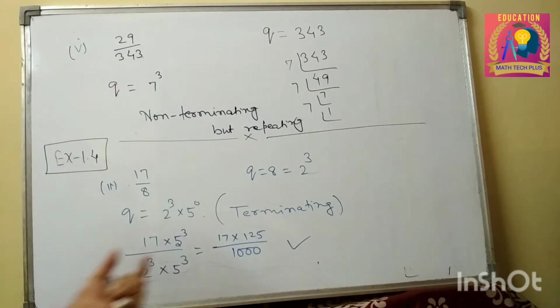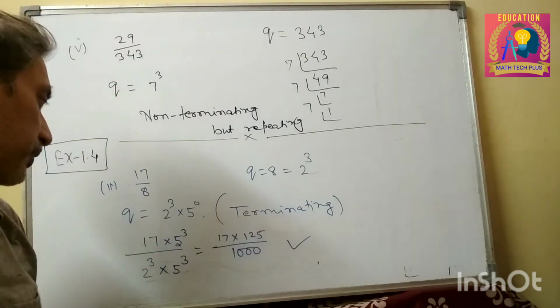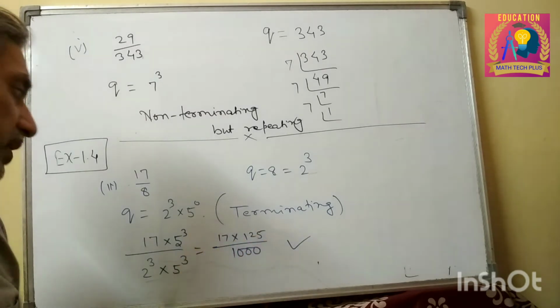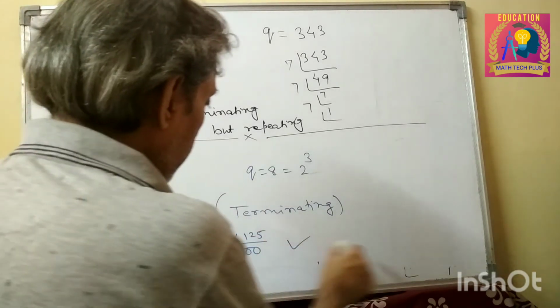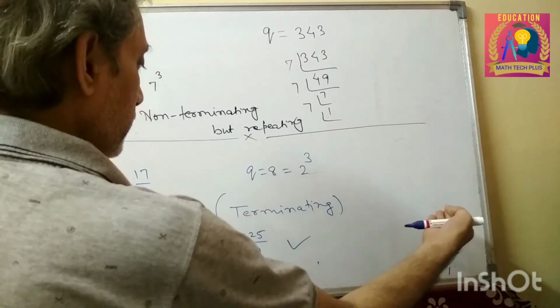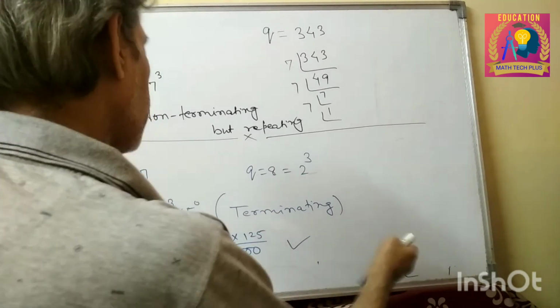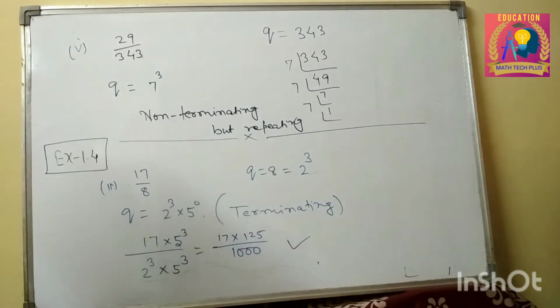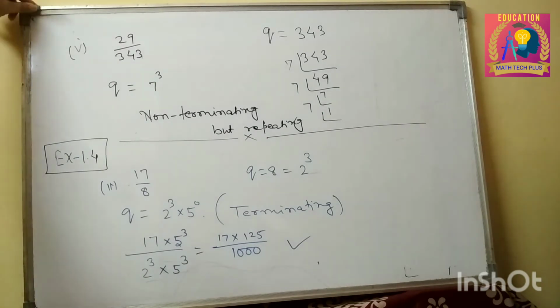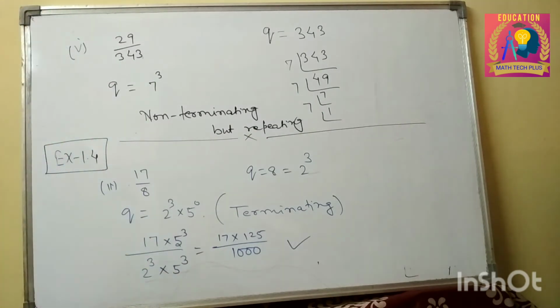So just multiply 17 by 125 and then put the decimal 3 digits from right to left. So in this way you can do this question.